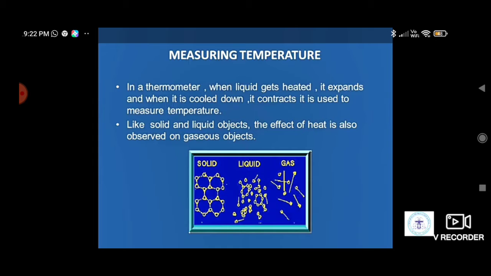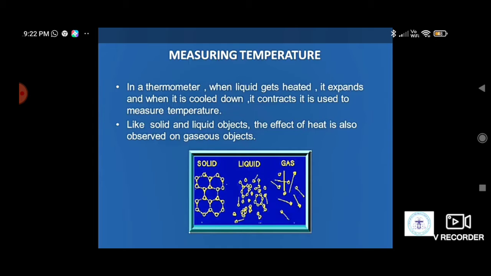How to measure temperature? In a thermometer, when liquid gets heated, it expands, and when it is cooled down, it contracts. This is used to measure temperature.